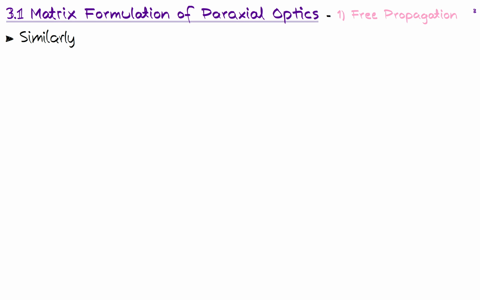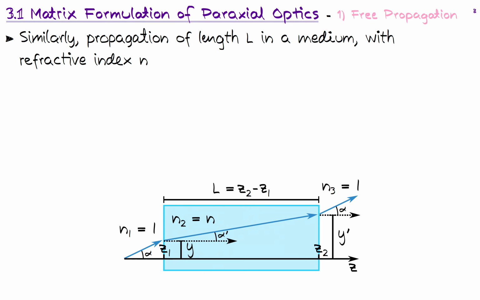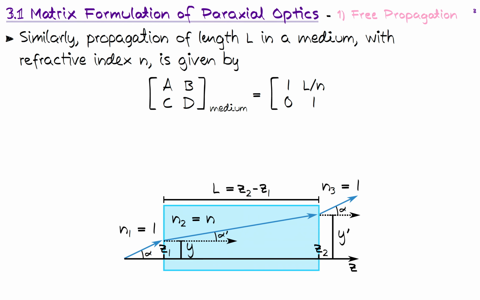Now, let's complicate things. Similarly, we can consider propagation of length L in a medium, but now with a refractive index N within that medium. The ABCD matrix is given in a similar way, but the only change is that the refractive index modifies the B component in our matrix.